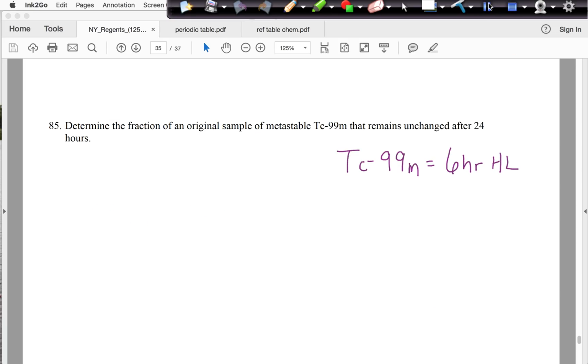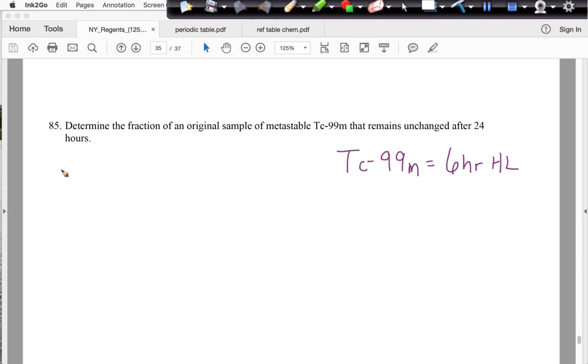And the final question on here, number 85, it says determine the fraction of an original sample of the metastable Tc-99m that remains unchanged after 24 hours. So this is going to be a half-life question. And if you look back up at the reading, in the last sentence it says the half-life of the metastable Tc-99m is 6 hours.